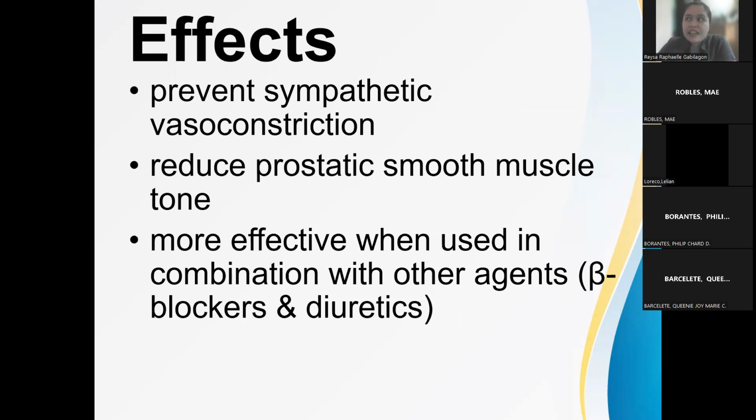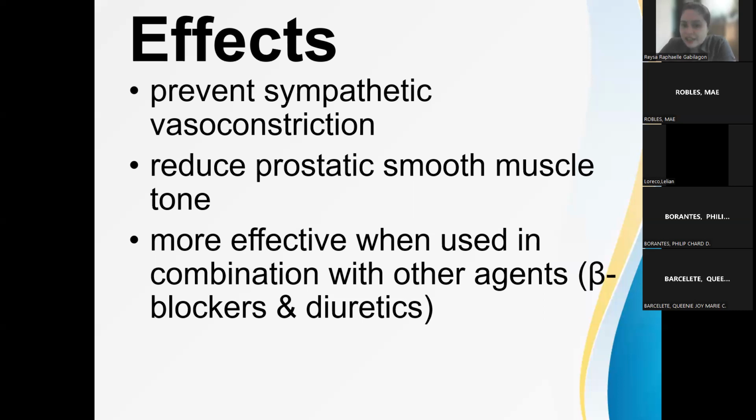So, mahirap yan in the case of patients having benign prostatic hyperplasia. Dadami yung number of cells in their prostate, so it will be larger compared to the normal size. Okay? So, pag iba-block natin yung alpha-1 receptor na nasa prostate ng mga lalaki, syempre wala tayong prostate mga babae.